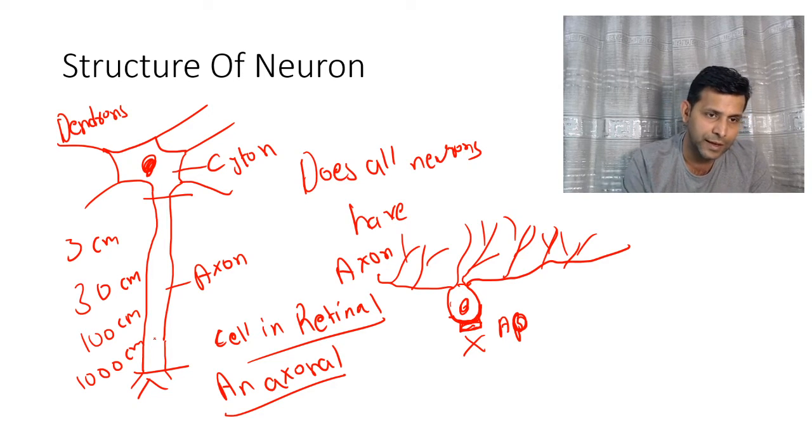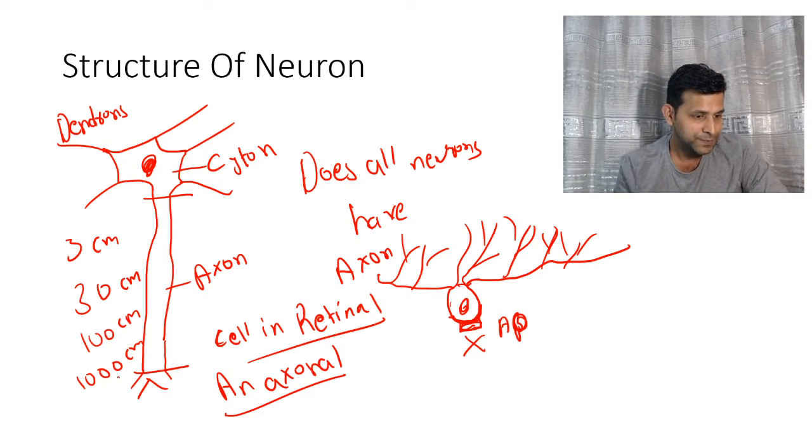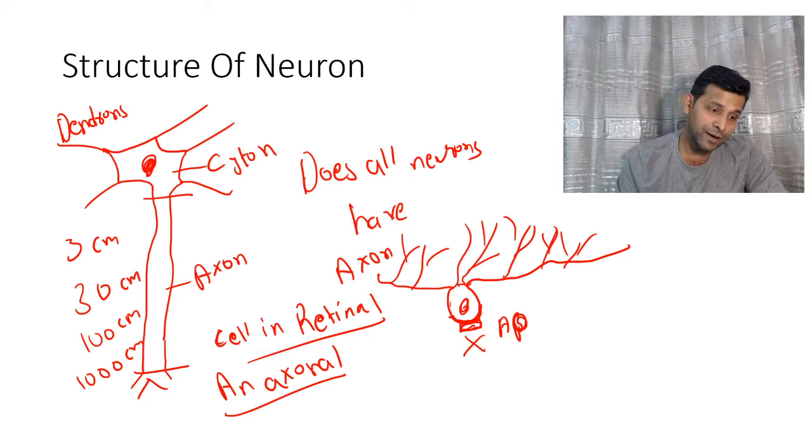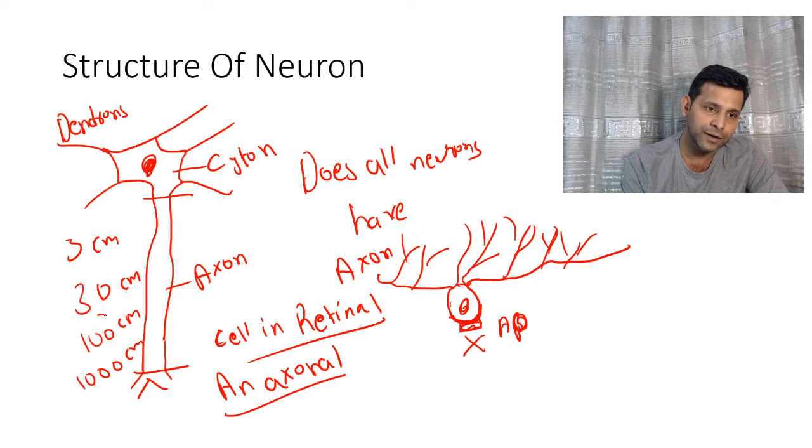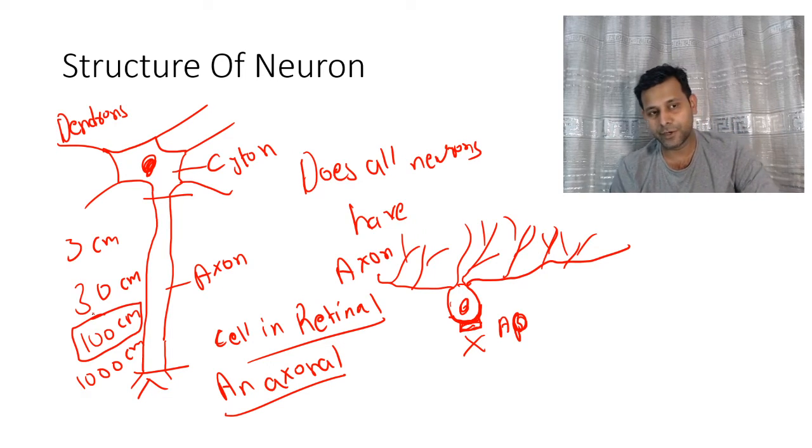What could be the maximum length of the axon we can have in human body? Yes, any of these options can we choose? 3, 30, 100 or 1000 centimeter. Yes, an axon can be not exactly 2 meters, but yes, it's more than 1 meter. So you can have a answer as a 100 centimeter option.